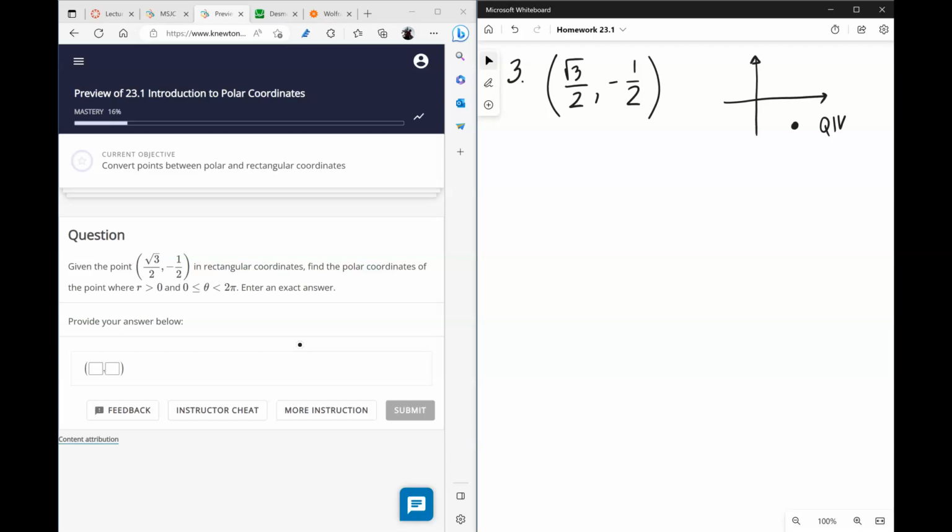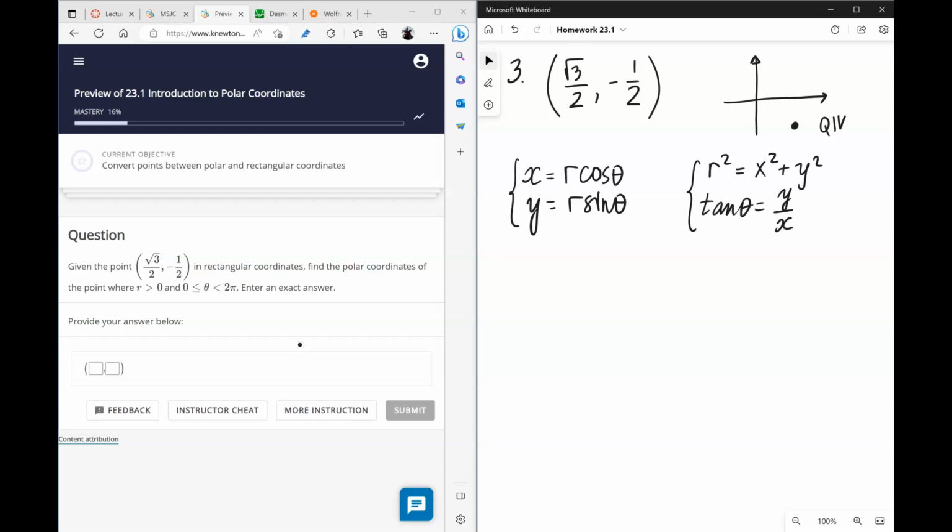So here's the set of conversion formulas. We know that x is equal to r cosine theta and y is equal to r sine theta. So if r and theta are given, we know how to find x and y. On the other hand, we have these formulas. So when x and y are given, we can find r and theta by solving those two equations.